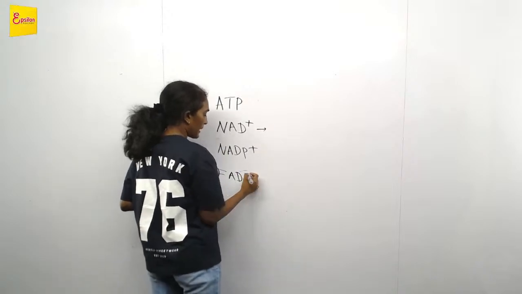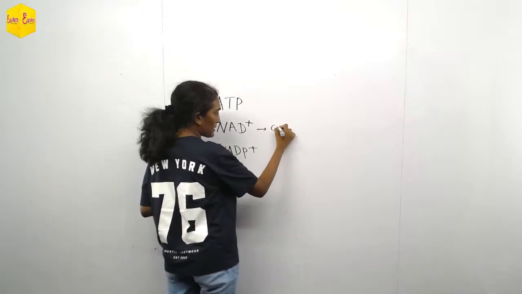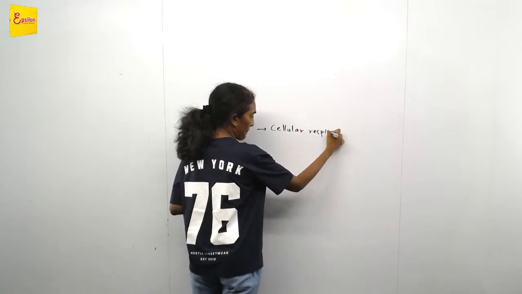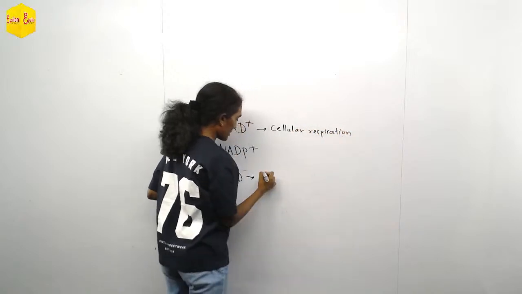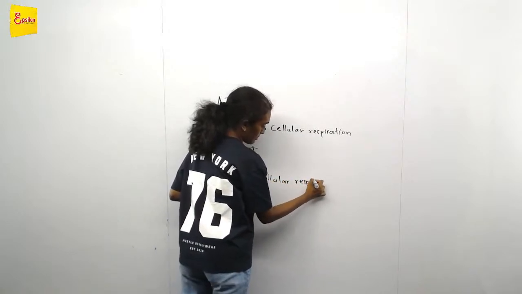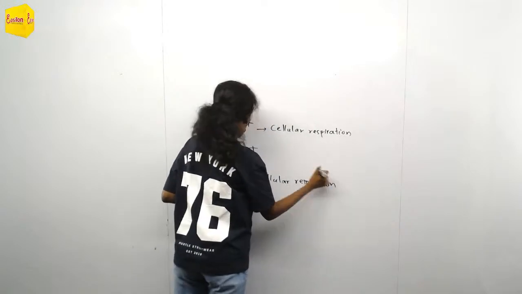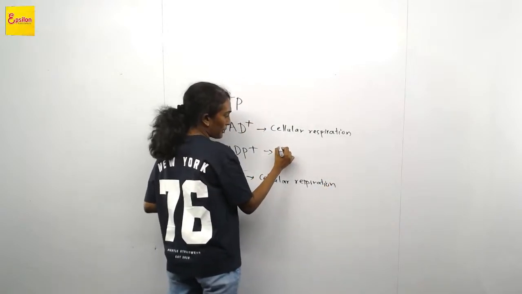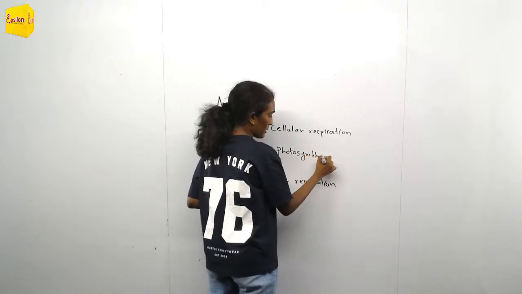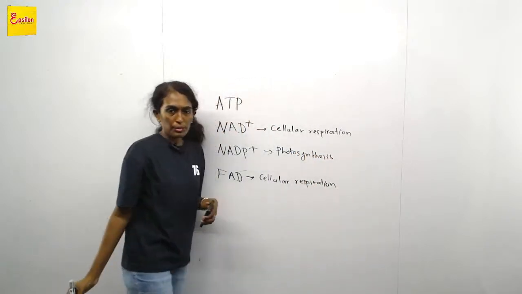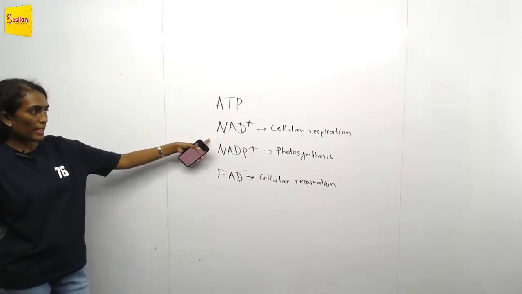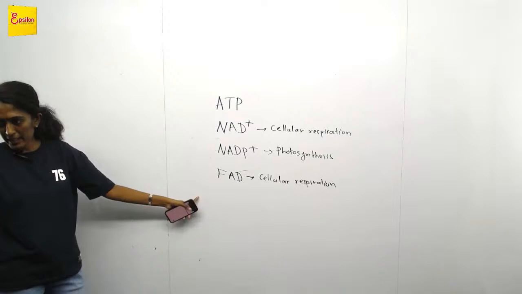NAD plus and FAD are found in the cellular respiration lesson, right? NADP plus is found in our photosynthesis lesson. Okay, children? So these are important. These usually act as electron carriers.